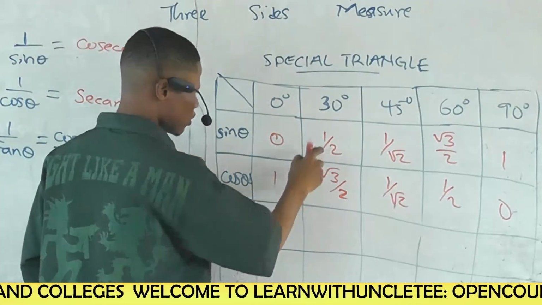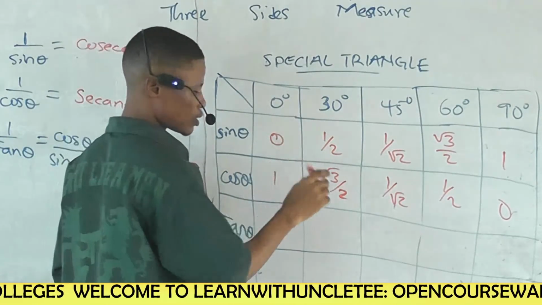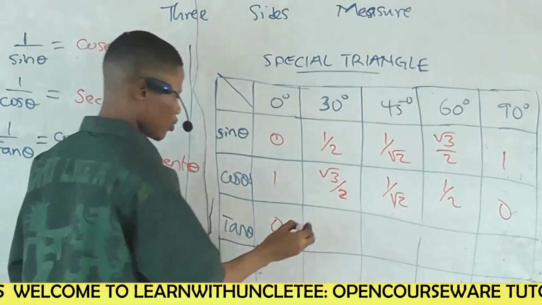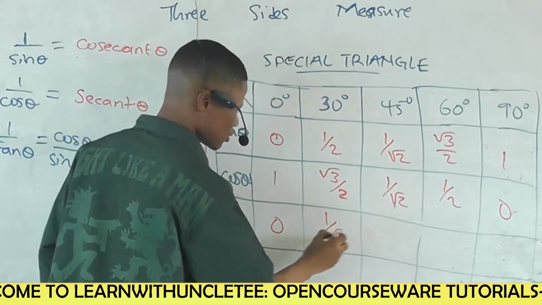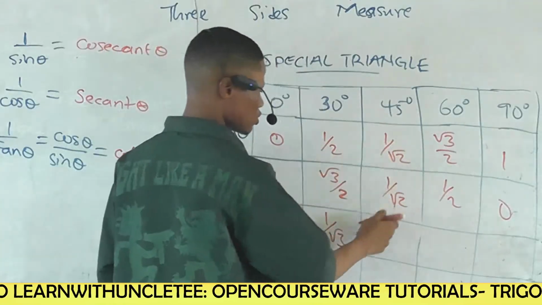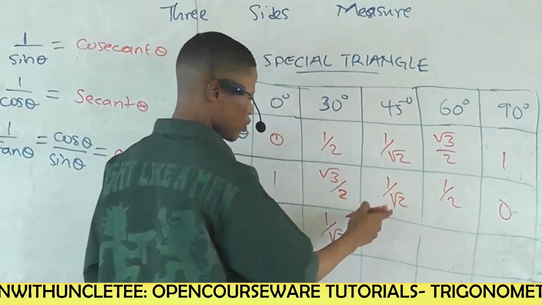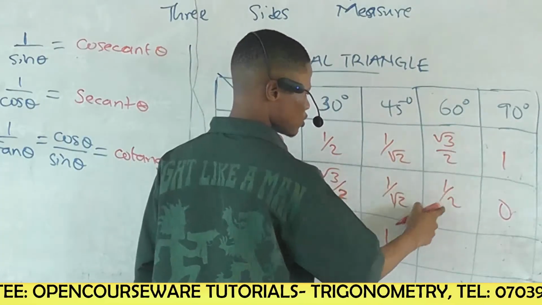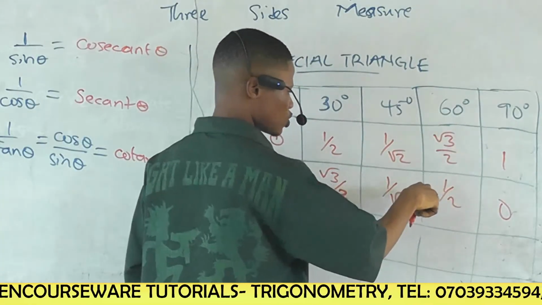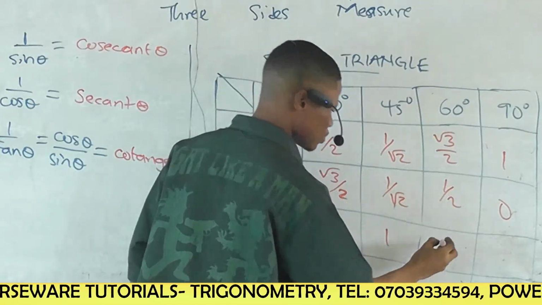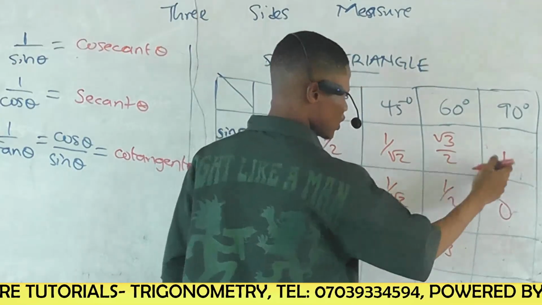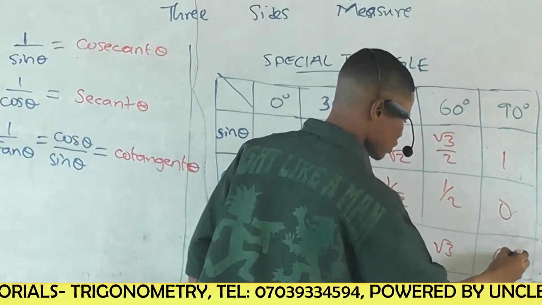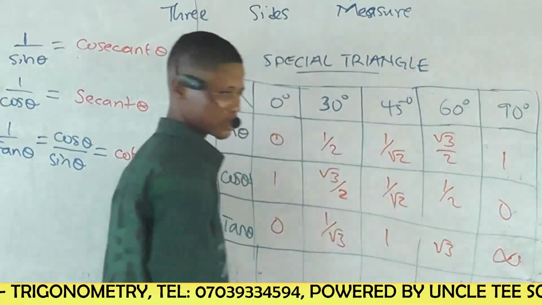Now, for tan theta, 0 divided by 1 will be 0. 1 over 2 divided by root 3 over 2 is 1 over root 3. Then 1 over root 2 divided by 1 over root 2 will be 1. Then root 3 over 2 times 2 will be root 3. Then 1 divided by 0 will be infinity.